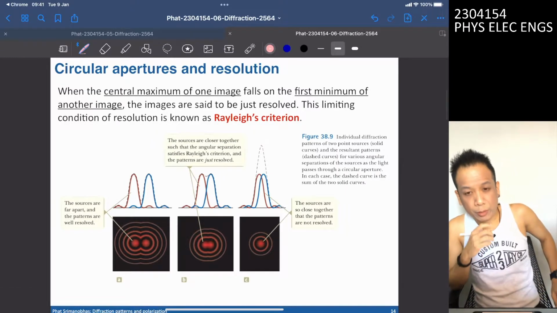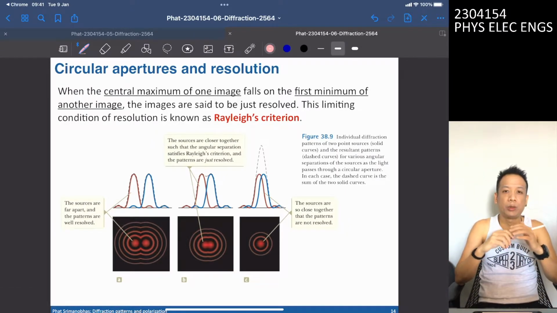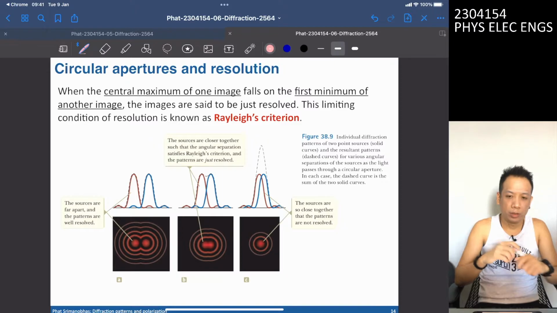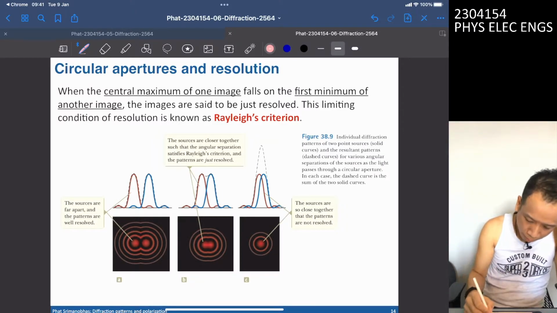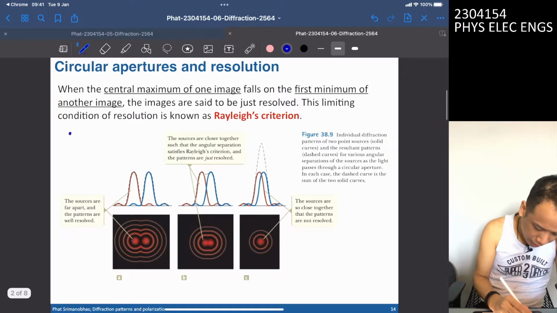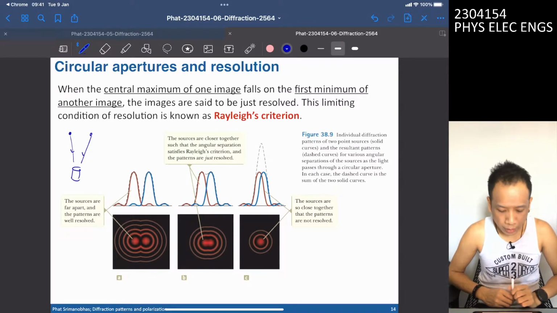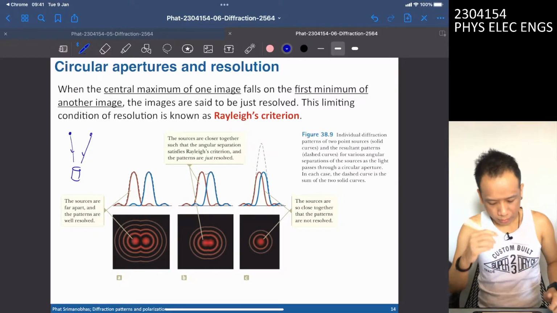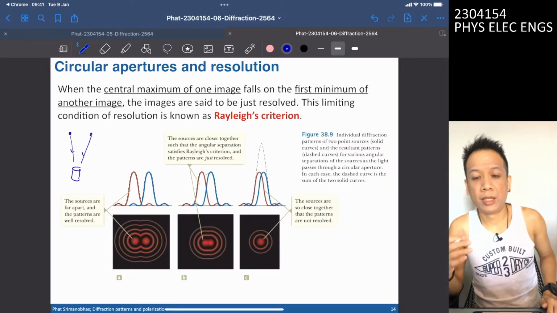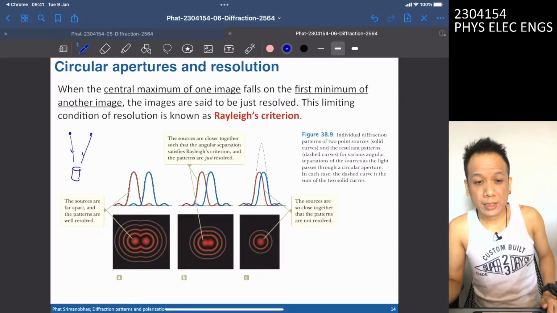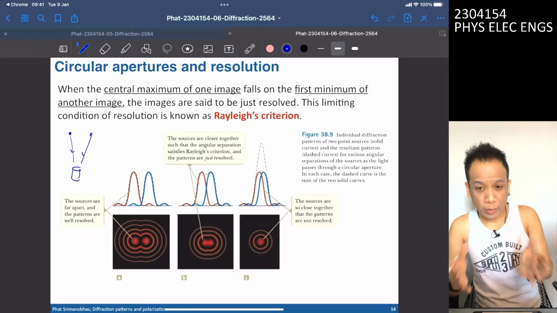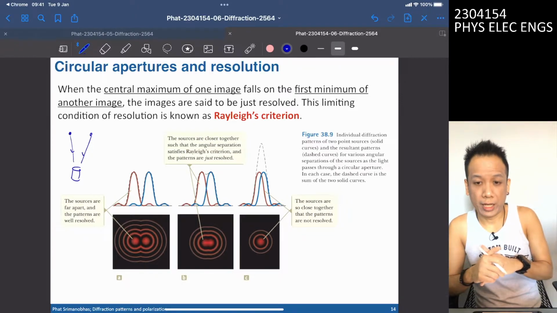And then for the resolution, for example, in the situation that you have two light sources, like two stars, and the starlight is reaching you, and you have the telescope here. What we call the resolution is how well your device can separate between two sources of light.